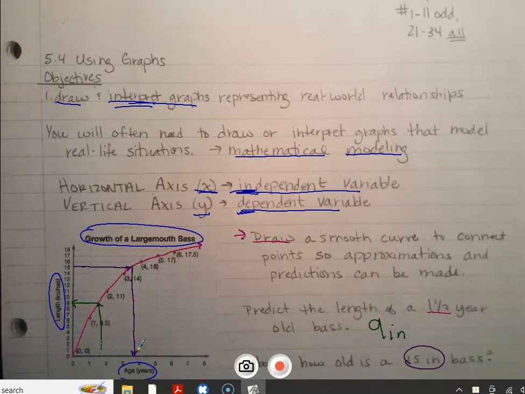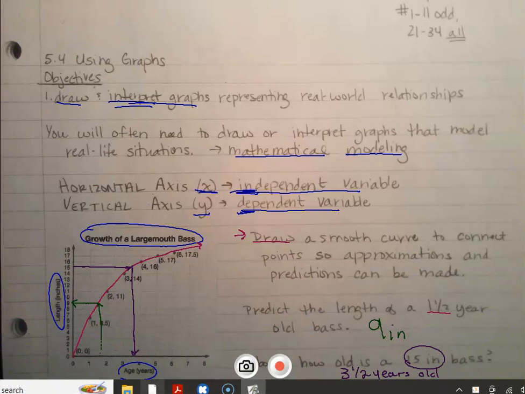Well, it's right in between 3 and 4, so it's about 3.5 years old. A 15-inch bass is about 3.5 years old. Again, your lines are hopefully a little straighter than mine. We can connect these points, drawing smooth curves or straight lines, whatever the points are. A lot of times they're going to be curves, so we can make approximations and predictions.